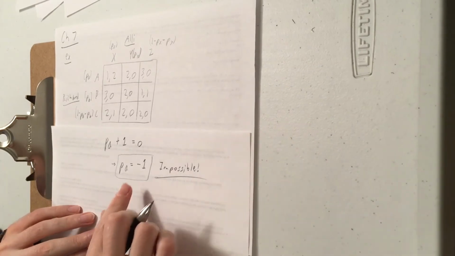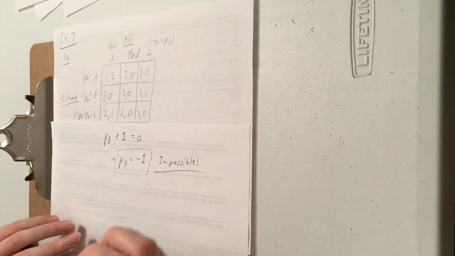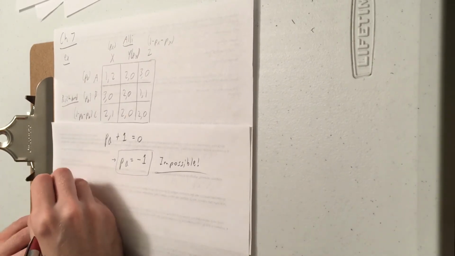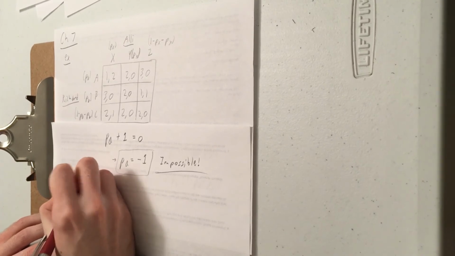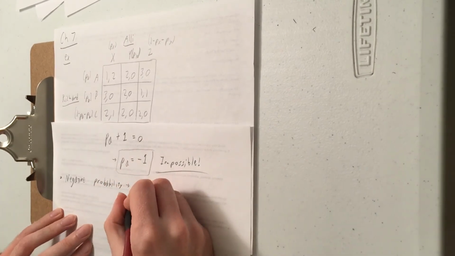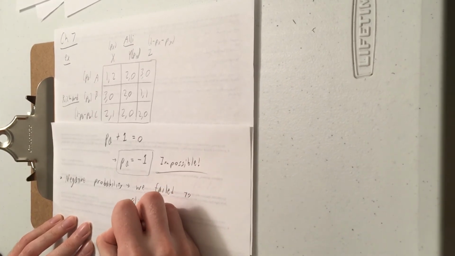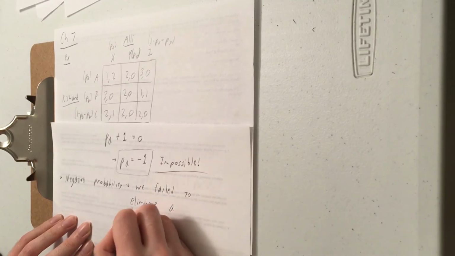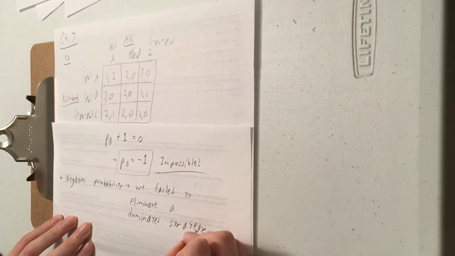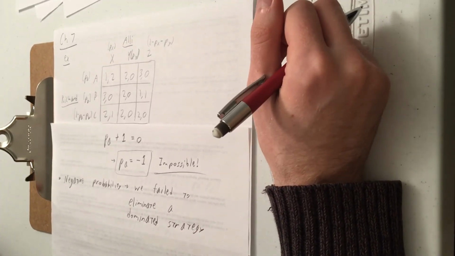Whenever you get a negative probability, it means that there's a dominated strategy somewhere, and we should have eliminated it at the beginning, but we must have overlooked that. So what strategy here was dominated?